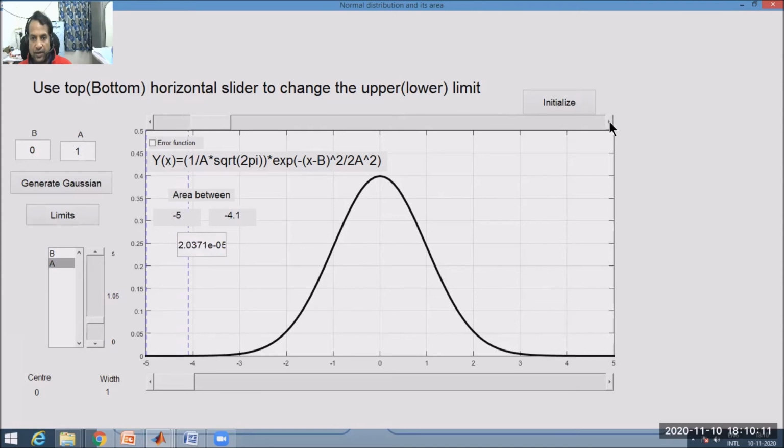Up till 4, also there's not much of area, as you can see. So minus 5 to 1.4, minus 5 to 2.4.